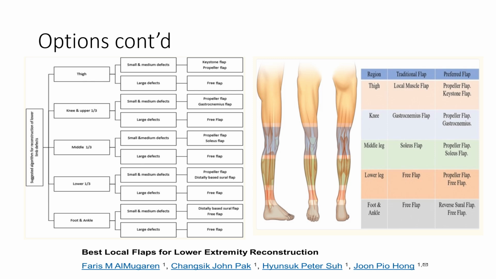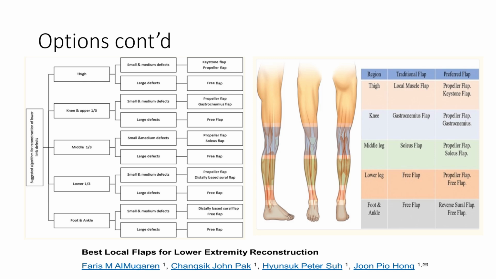There are a number of perforators, and all those perforators can be used in the form of a propeller flap. You can see on this picture various local and regional options that can be used to cover the lower extremity.